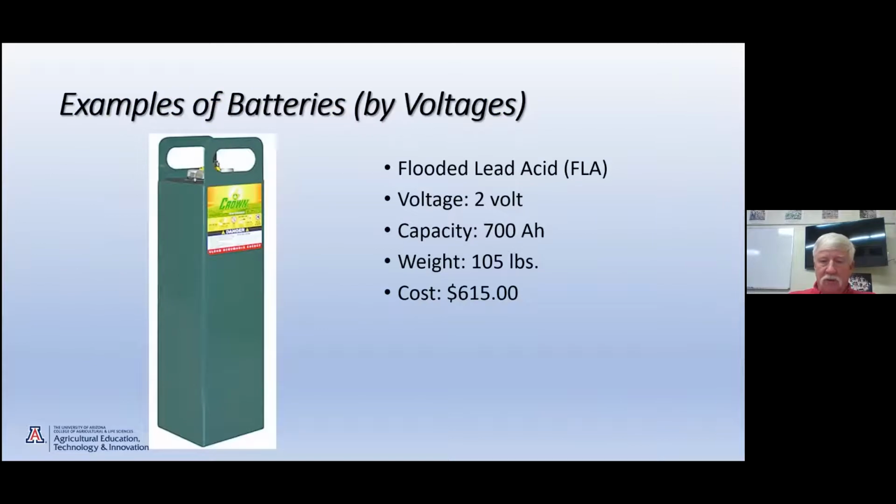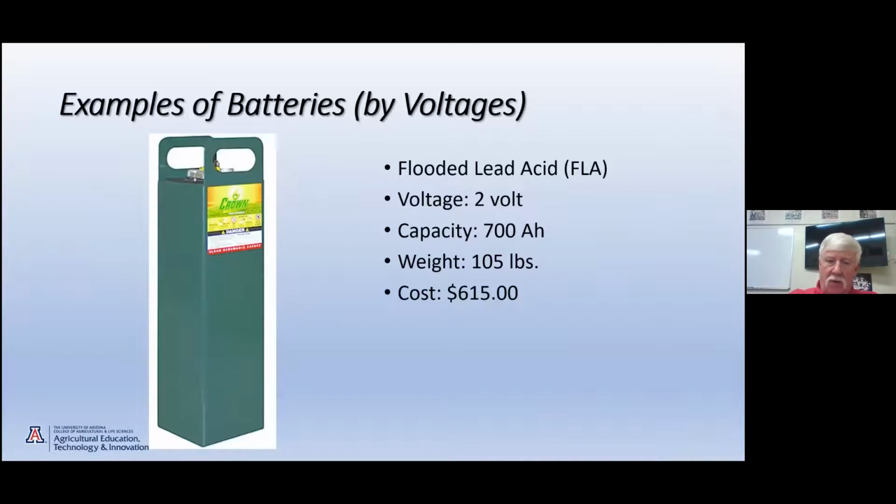So here are some examples. Here's a flooded lead acid battery. It's a 2 volt, has 700 amp hours. The actual weight of this battery is 105 pounds, and the cost is $615. So this is a battery you have to maintain. But if I've got 2 volt batteries, I'm going to have 24 of these in a bank so I can get to a 48 volt system.